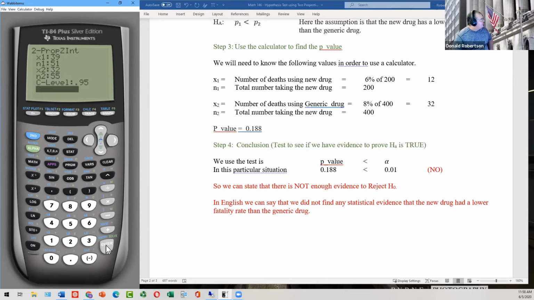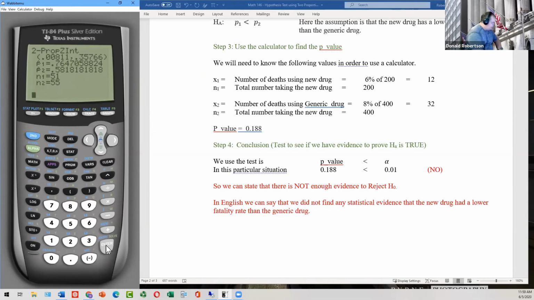And ready to calculate. Now when I hit calculate, it is going to give me that weird interval that you were hoping to find. And here it is. The difference between these two is 0.00811 to 0.35766.